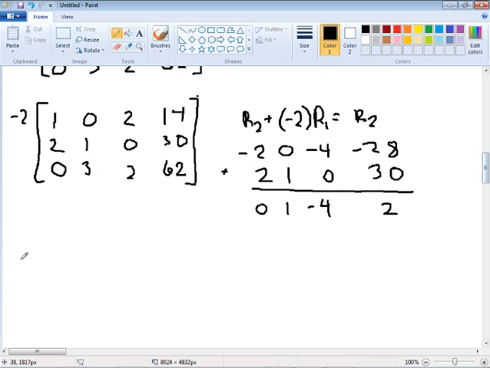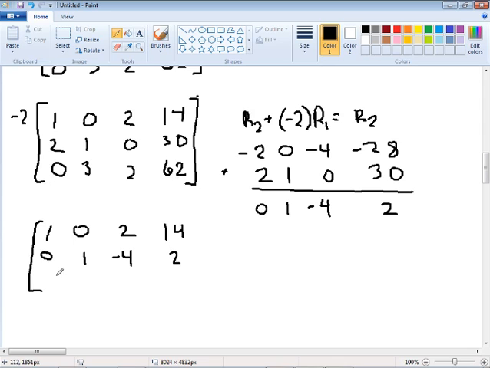So I'm going to rewrite this matrix. I'm going to keep the same top row, 1, 0, 2, 14. But now I'm going to change this right here. So instead of the 2, 1, 0, 30, I'm going to go 0, 1, -4, 2.